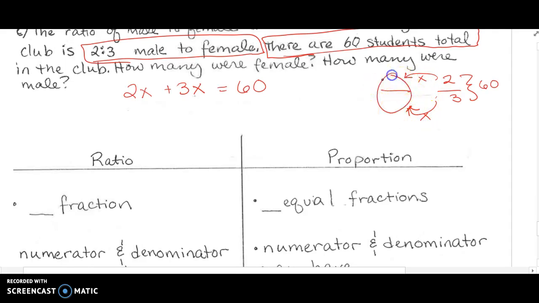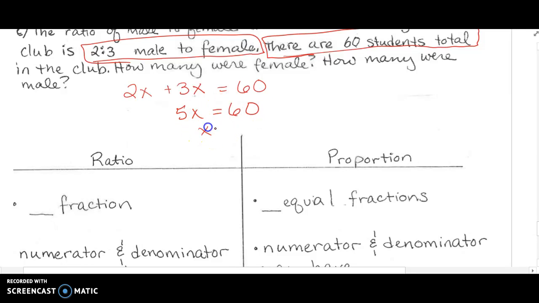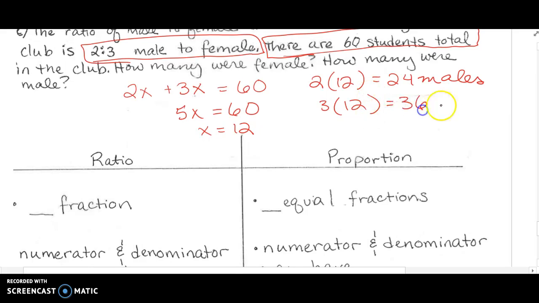So you can solve it algebraically by saying 5x equals 60, dividing both sides by 5, and x equals 12. But that doesn't actually give you your answer. Your answer is 2 times 12, when you plug it back in, is 24 males. And 3 times 12, when you plug it back in, there were 36 females.